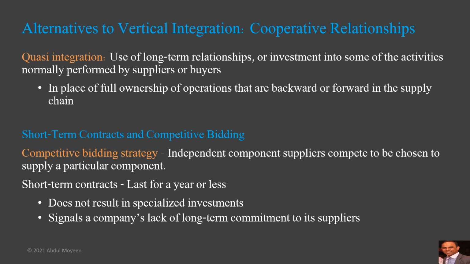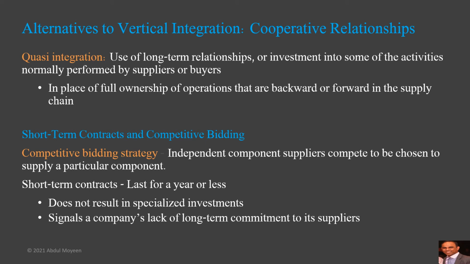This is not a problem when there is minimal need for cooperation and specialized assets are not required to improve scheduling, enhance product quality or reduce cost. In this case, competitive bidding may be optimal.